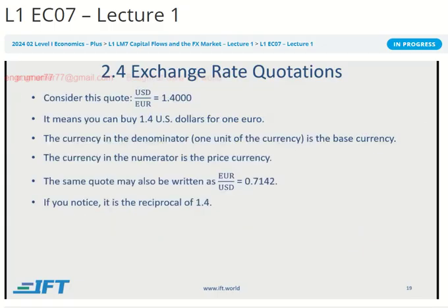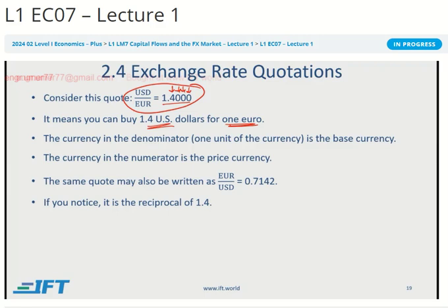And let's take an example. Let's say you have this quote, 1.4000. So they are giving you 4 decimal places, 1, 2, 3 and 4, right? So this means you can buy or sell 1 euro for 1.4 US dollars.